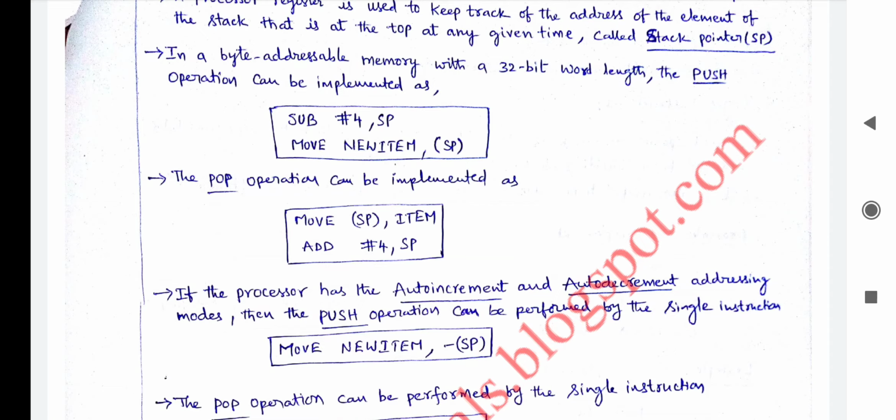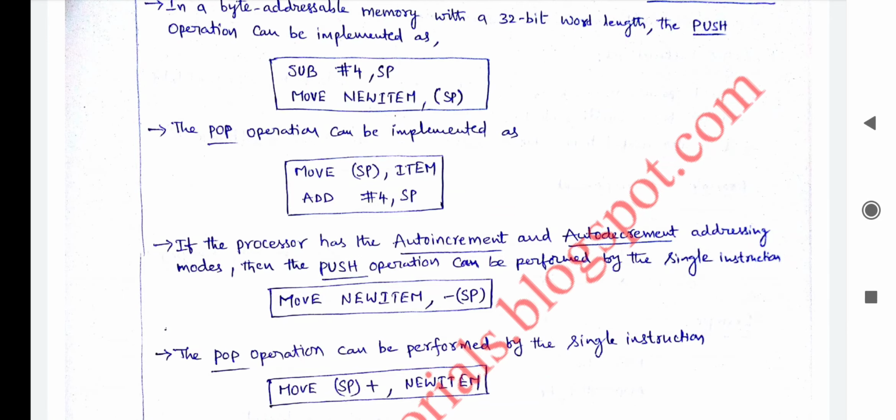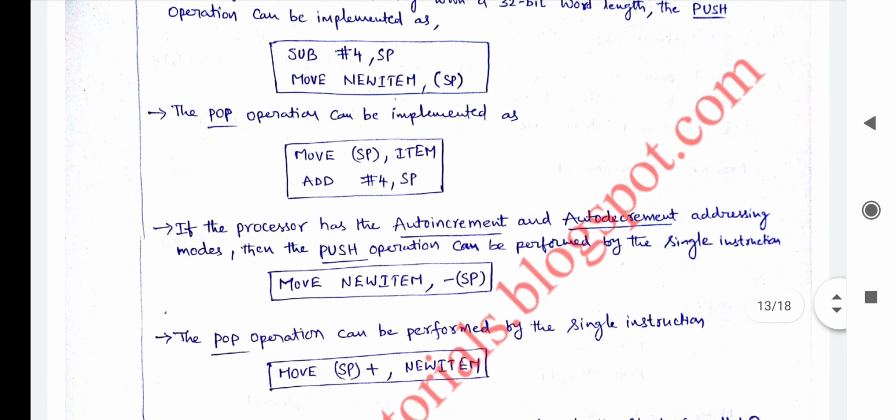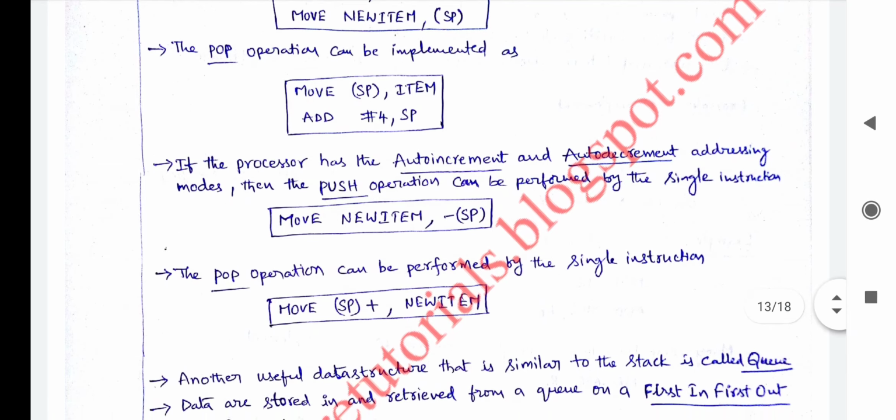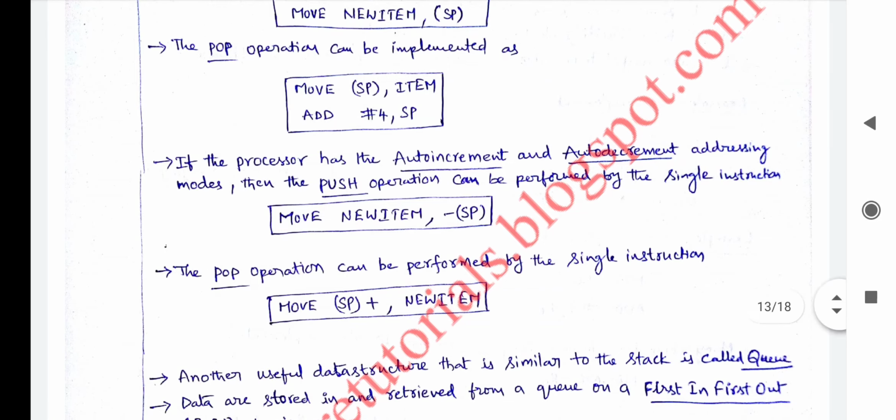Next, the pop operation can be implemented as Move (SP), ITEM. The item which you want to delete is moved from the stack pointer location, and then add 4 to the stack pointer. Here, we first move the item so that we know which item is deleted from the stack.